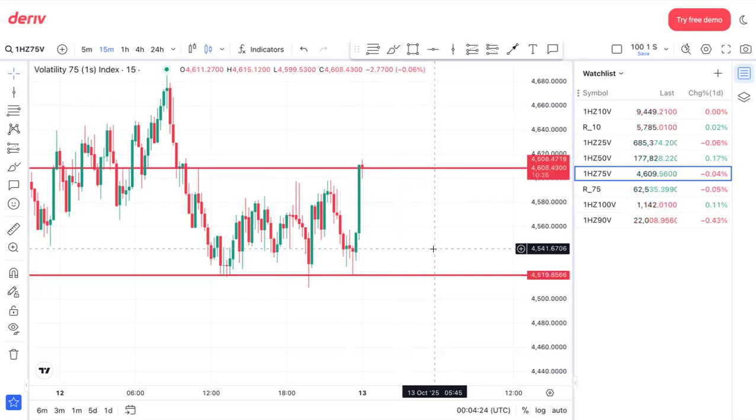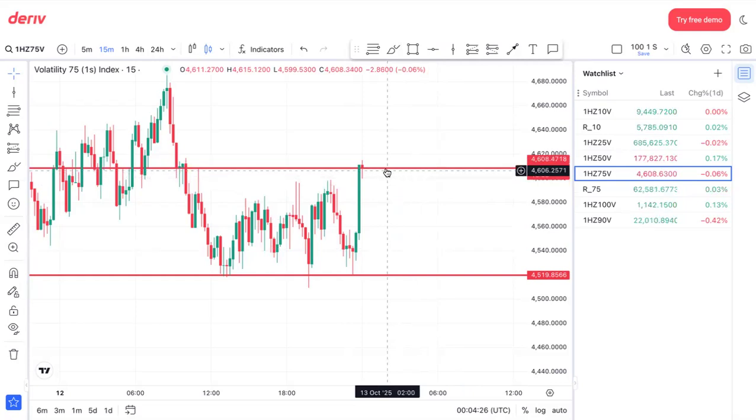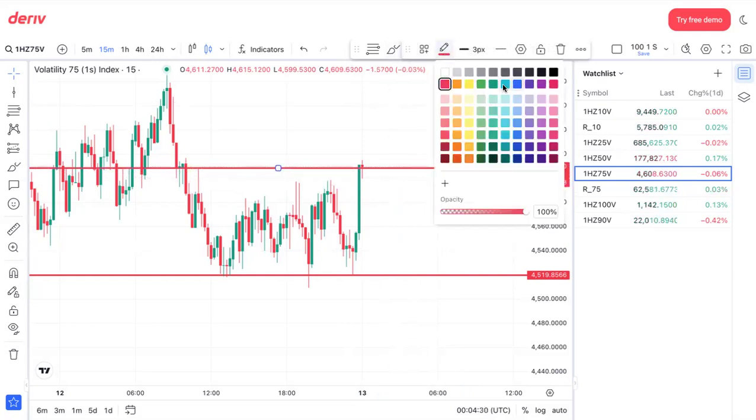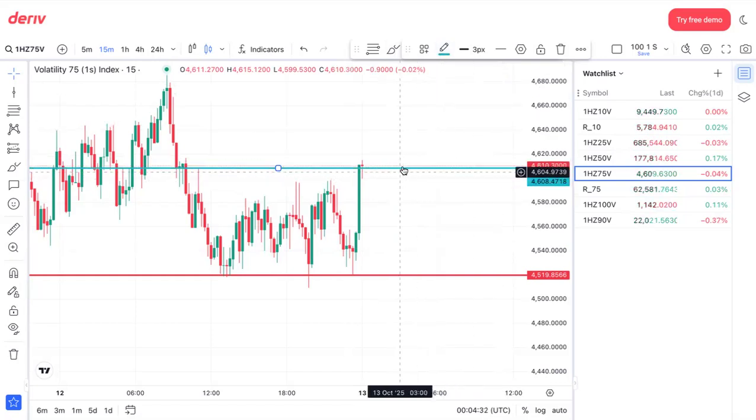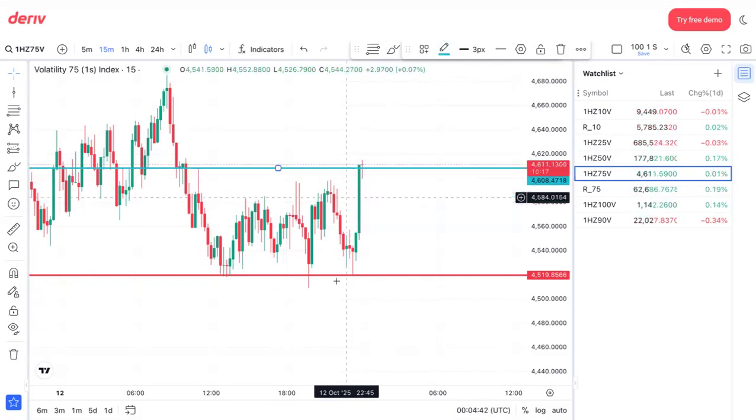As you can see, I only use two things for my break and close. That's the only strategy I use, just break and close. This is where I wait for my break and close, which is my resistance, and then I use my stop loss. Those are the only two things you'll see on my chart.